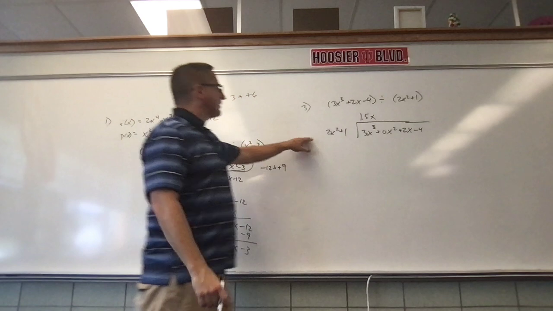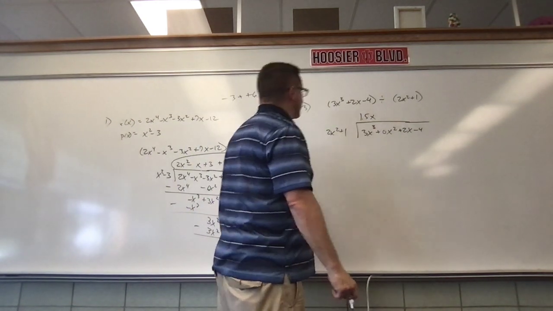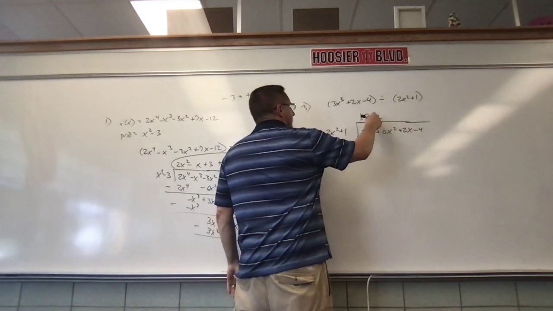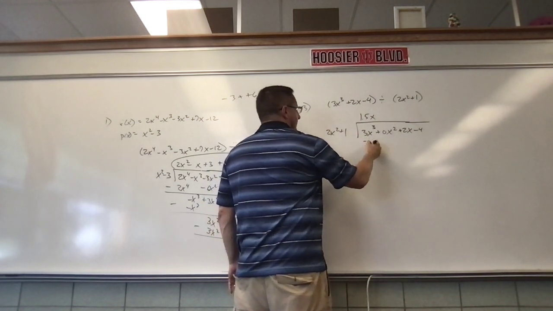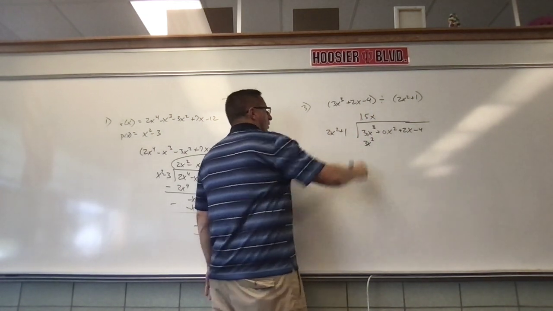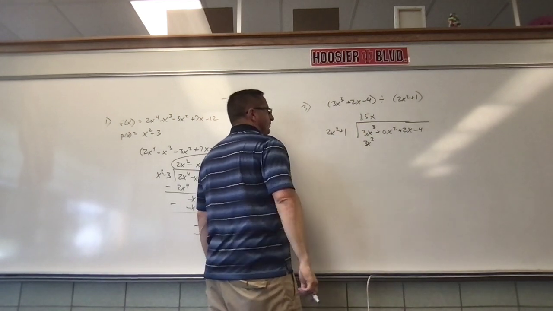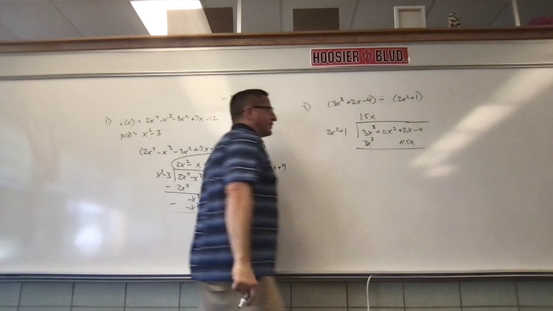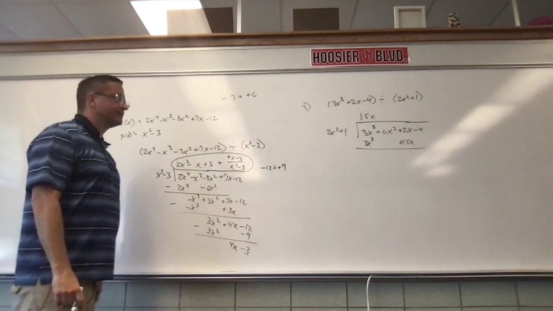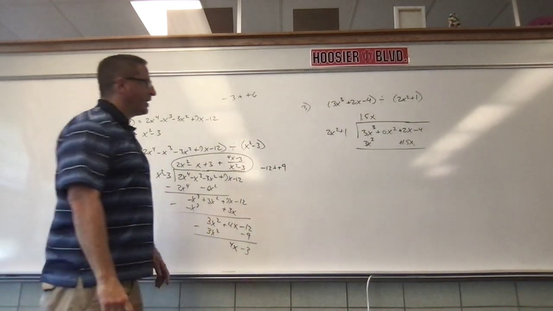Then we times each of these times 1.5x. Okay, so 1.5x times 2x^2 is 3x^3. 1.5x times 1 is 1.5x. And put that under the 2x. Subtract.